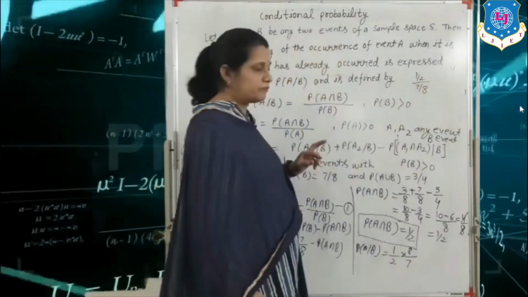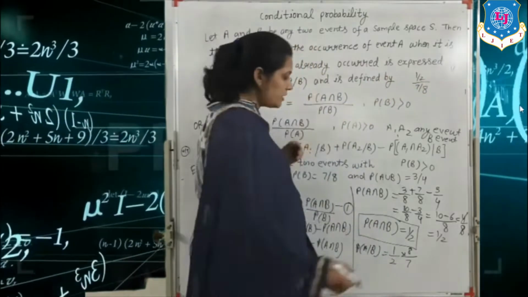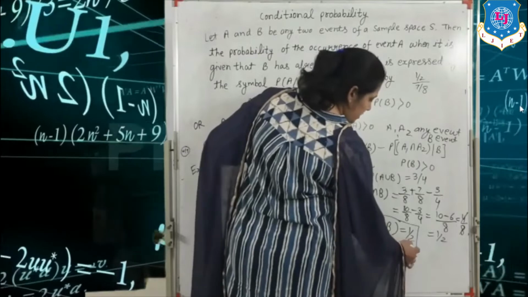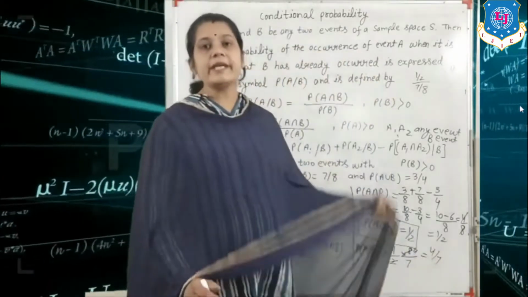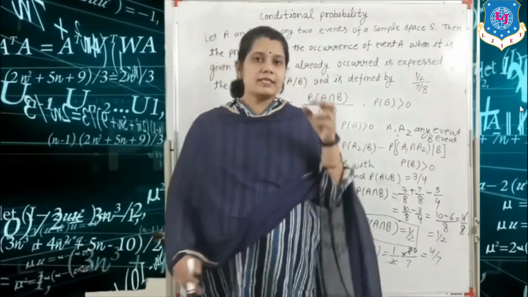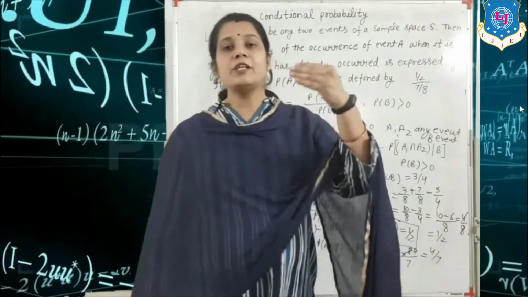So don't be confused here: 1 by 2 divided by 7 by 8 means 1 by 2 into 8 by 7, so we write the 7 and the 8 in the numerator form. So 2 4 ja 8, this is 4 by 7.